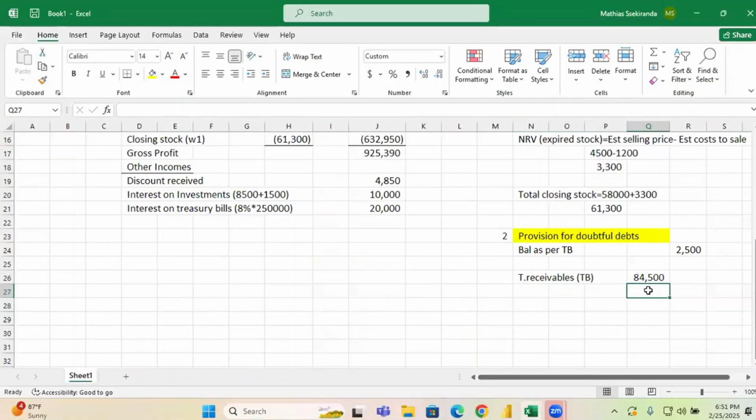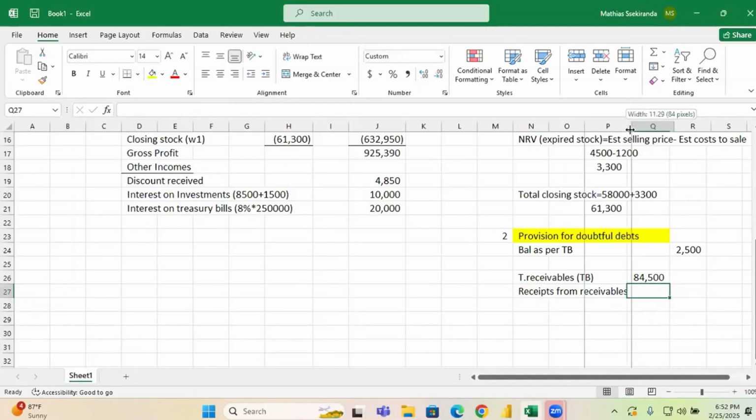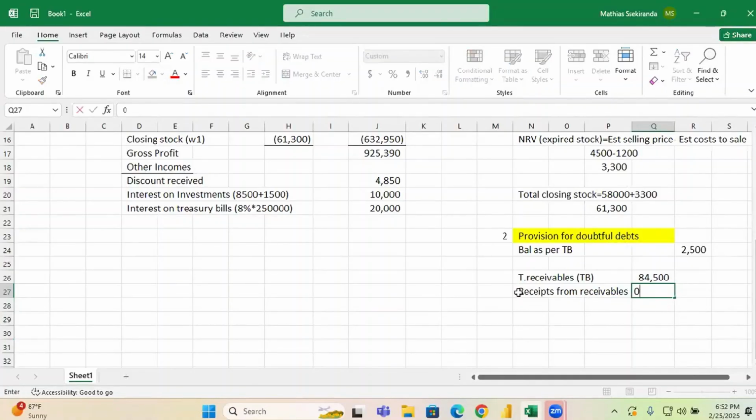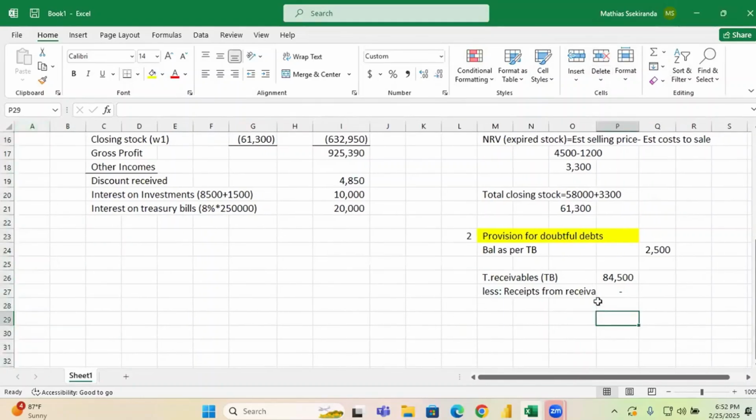Let me put it here: receipts from receivables. The examiner will be very specific that this money was received after year end. It means it was not yet considered. If you have it, please less it, because our provision is always made on net receivables.